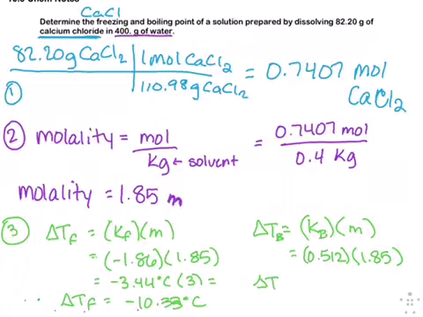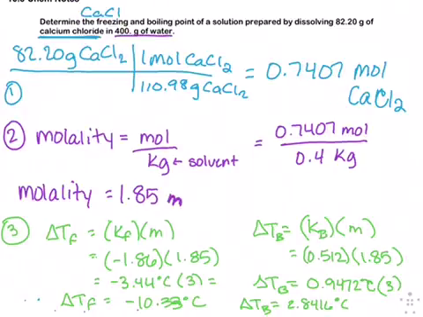And our delta TB here is 0.9472 degrees Celsius. However, again, 3 particles, so we have to multiply this by 3. And we get a delta TB of 2.8416 degrees Celsius.